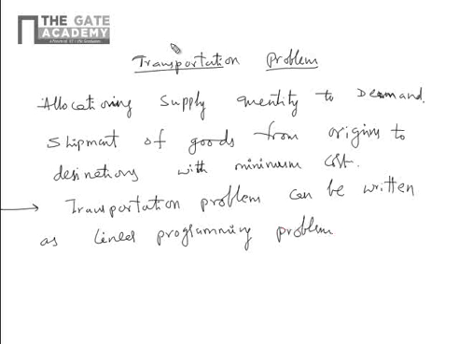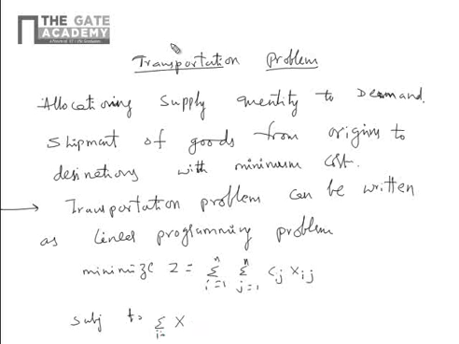Here, the linear programming objective function is minimize z equal to sigma i equal to 1 to m, j equal to 1 to n, cij xij, subject to sigma j equal to 1 to n of xij equal to si, for all i equal to 1 to m.